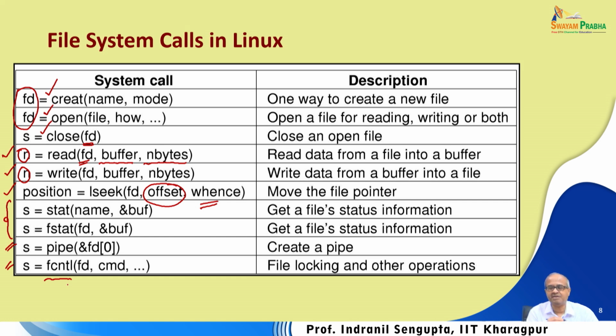So, you can lock a file. Suppose you want to access a file, but before that you lock the file so that no one else will be able to use it. That is also possible. So, there are several options available here. These are lower level system calls, and if you want to use them, you must know exactly how the system calls work. Okay?